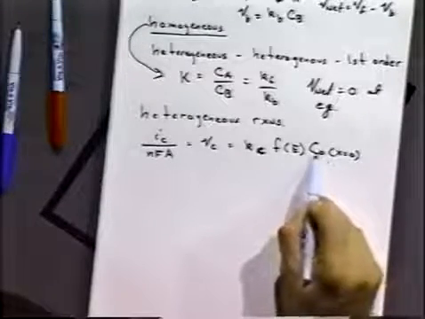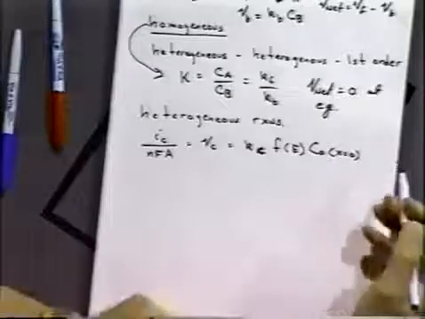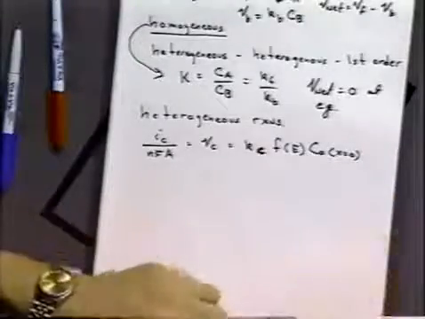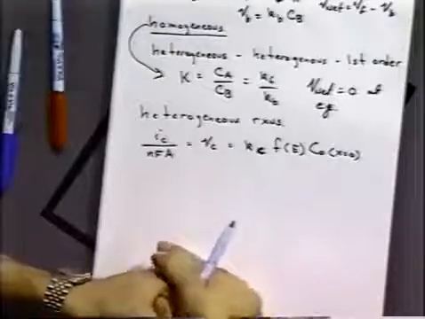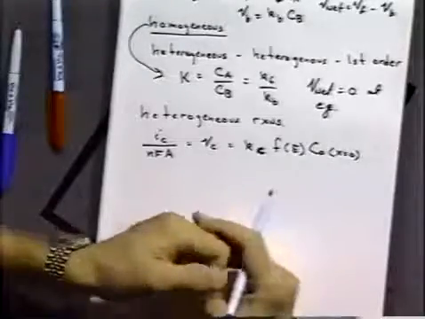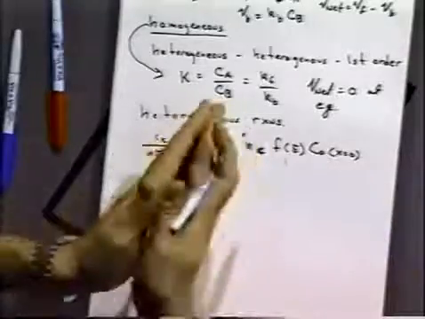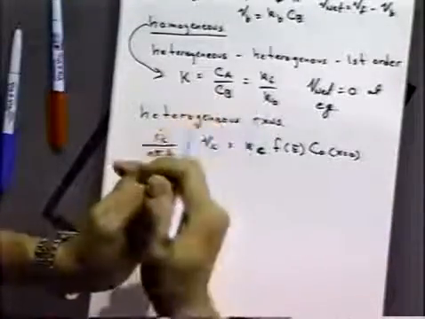We have to consider the concentration of that species, say the oxidized species, at the interface itself, not the concentration out in solution. So whatever the solution is that we've made up, that's not as critical as what the concentration is at the electrode surface. And that's not always directly available. So that's an important distinction between homogeneous and heterogeneous processes.